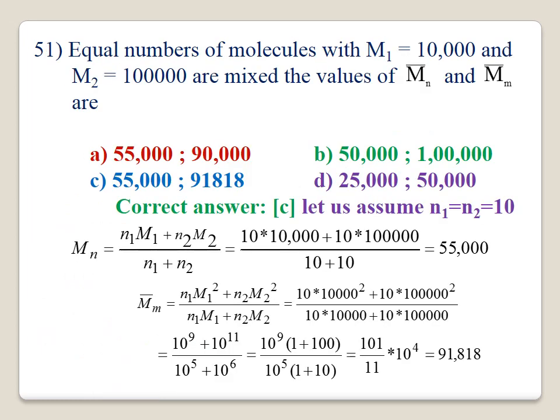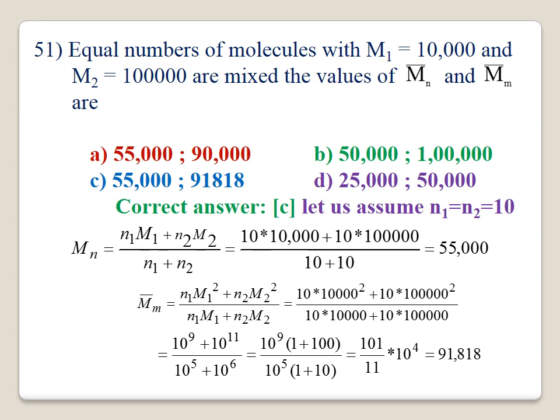51. Equal numbers of molecules with M1 equal to 10,000 and M2 equal to 1 lakh are mixed. The values of Mn bar and Mw bar are. Here we are going to calculate the number average molecular weight and weight average molecular weight. First is the formula.